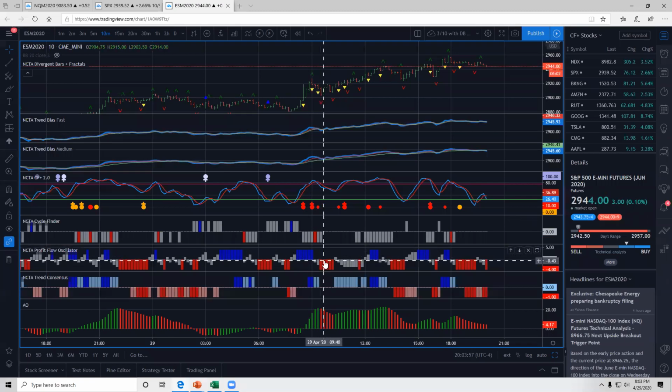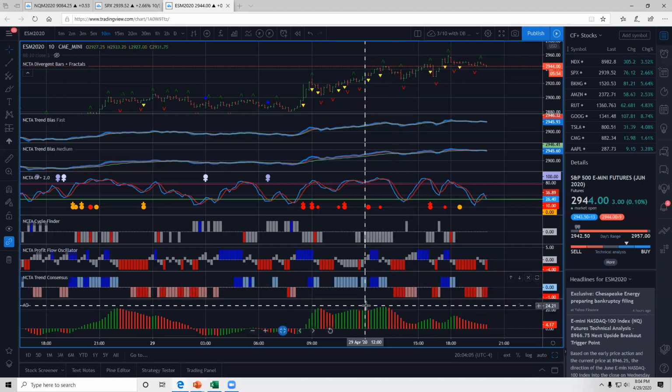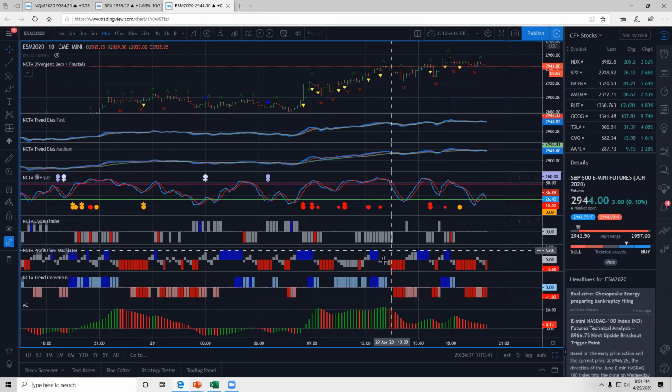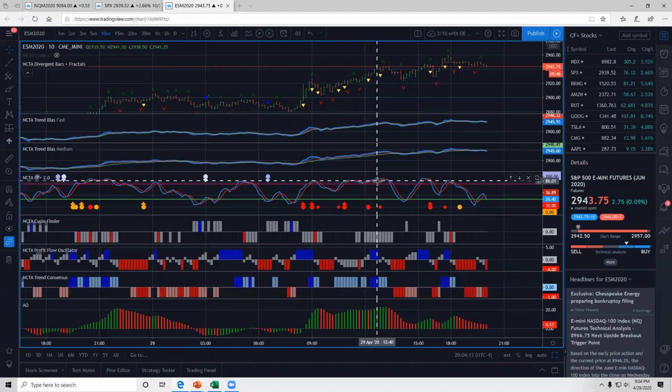And then learning how to use the Profit Flow Oscillator in combination with the Trend Consensus and the AO. We're not using all of them at one time, but over time, we do use all of them. But right now, in this current market, we're primarily using the Cycle Finder Plus.